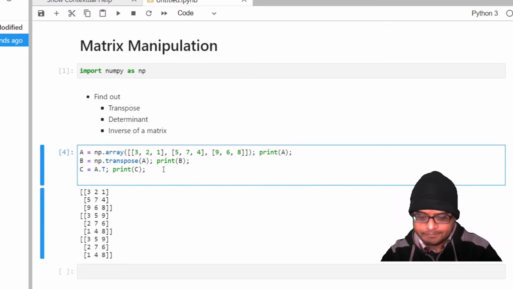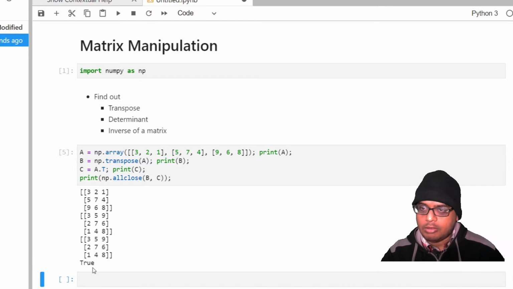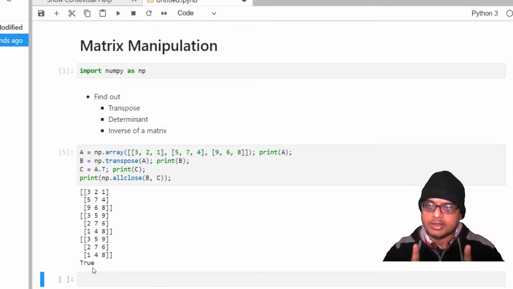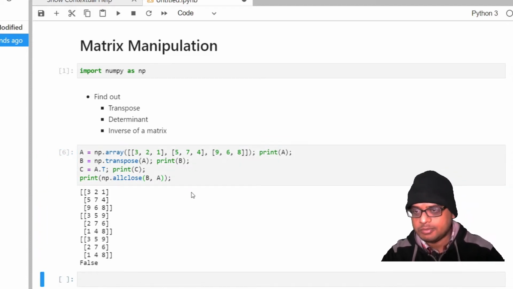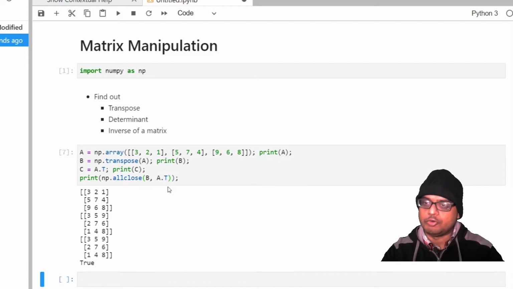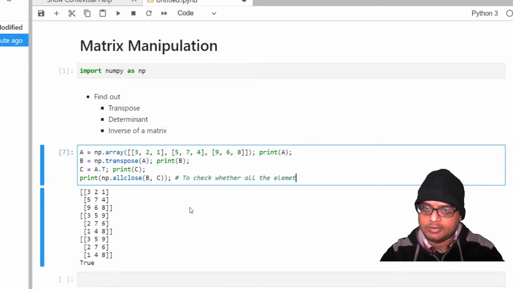Let me put it directly in print: np.allclose(B, C), and it says True, meaning all the elements of B are identical to the elements of C. In fact, if I do allclose(B, A), it says False, because obviously B is a transpose of A. Moreover, for A.T, this should show True. So this is how we can make checks.